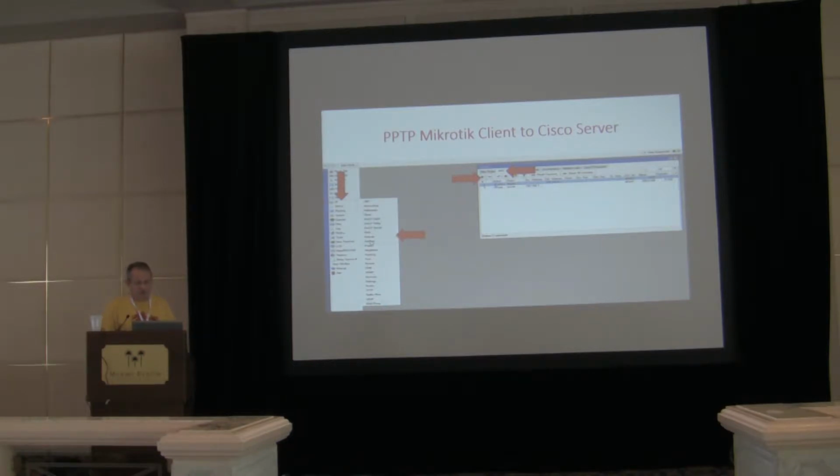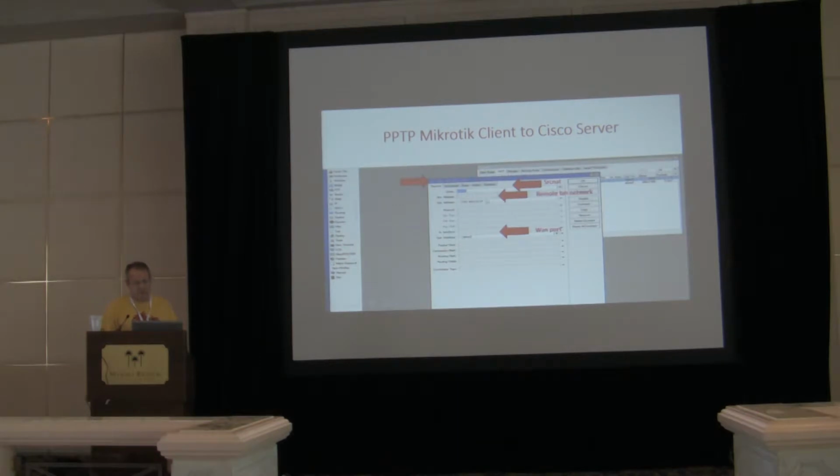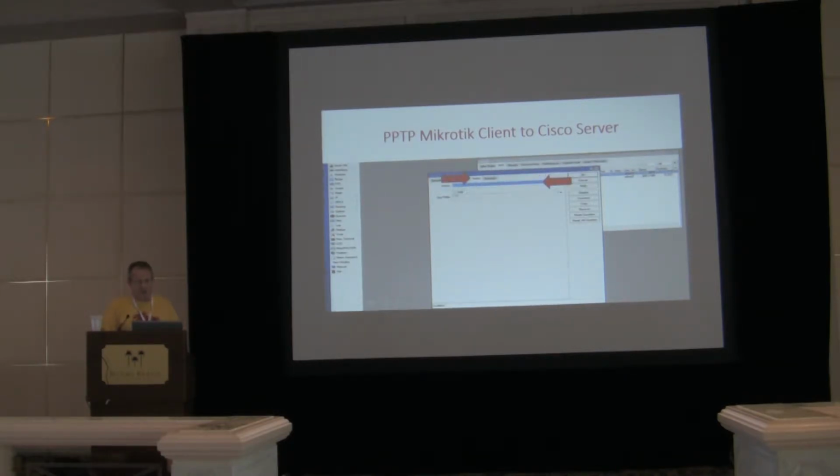And we just go IP, firewall, NAT. We go in, we add a rule. We're source NATing. Destination address we're identifying, that's your remote LAN that you're going to be connecting to across the tunnel. The outbound interface is your WAN interface on your MikroTik. And under the Action tab, we're going to accept that traffic. In other words, we're not going to NAT that traffic.